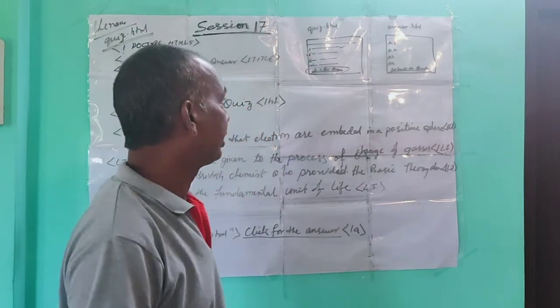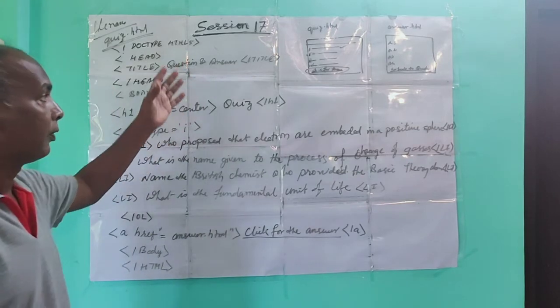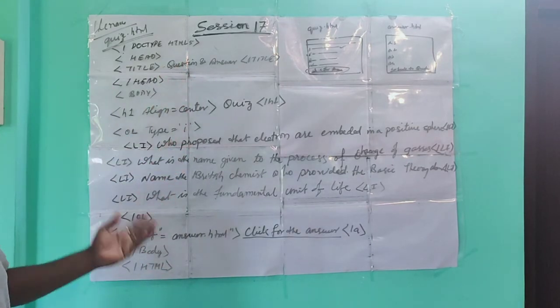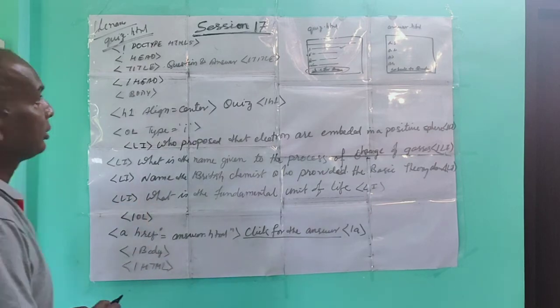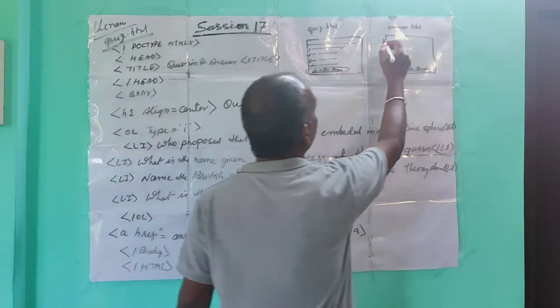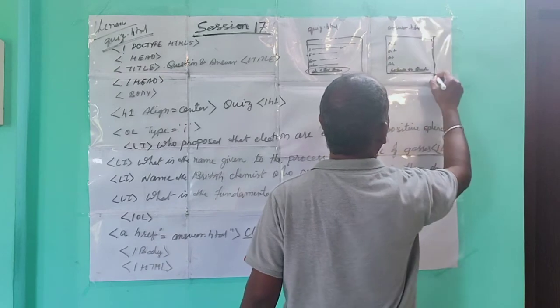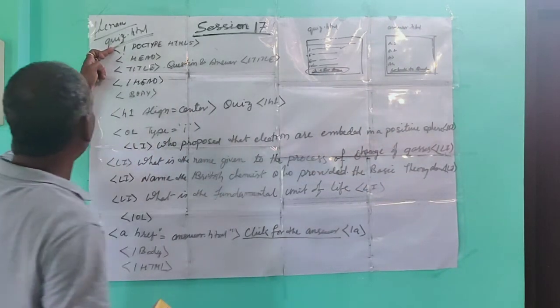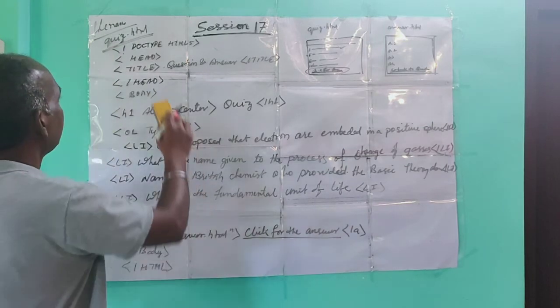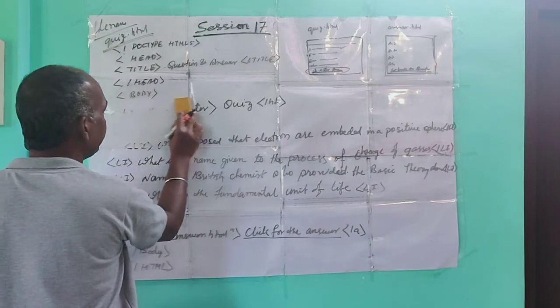Clear? After that, this is our first Notepad. If you go for the second Notepad, after saving this file, next we have to create another web page for the answers. For the answers, from here to here, it will change from here.